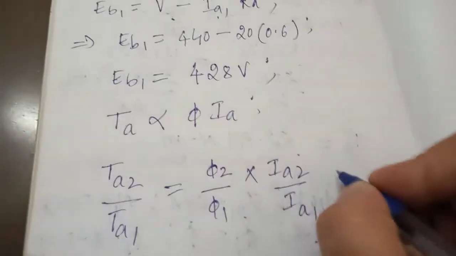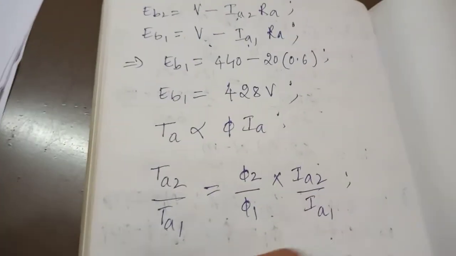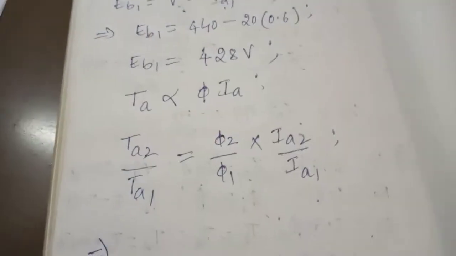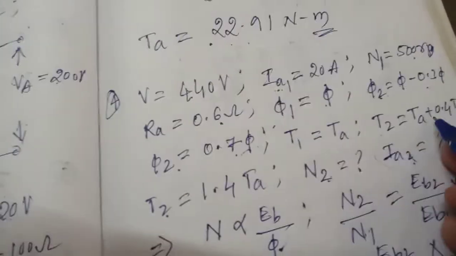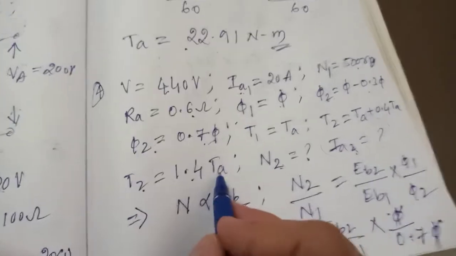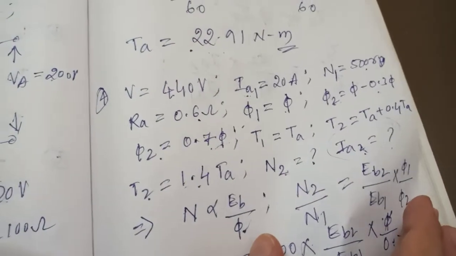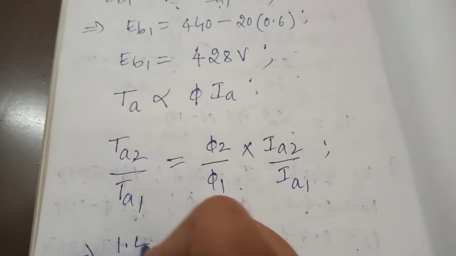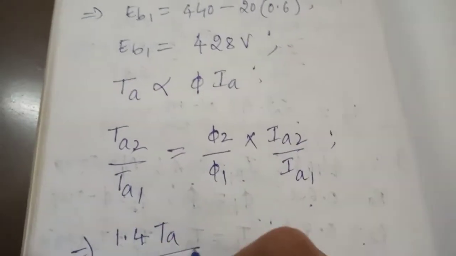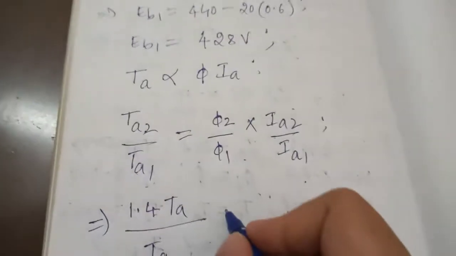Yes, IA2 by IA1. So what is TA2? TA2 is equal to 1.4 times, 40% increased, 1.4 times the previous value, that is 1.4 TA. What is TA1? TA1 is equal to TA. What is phi 2?